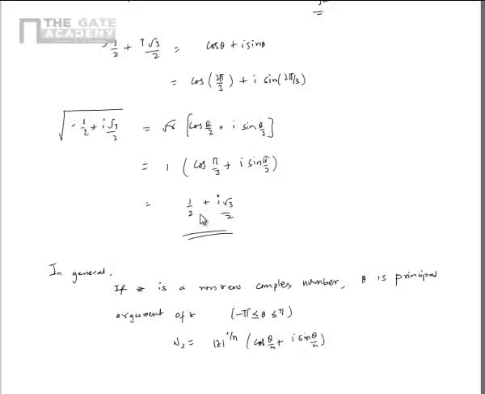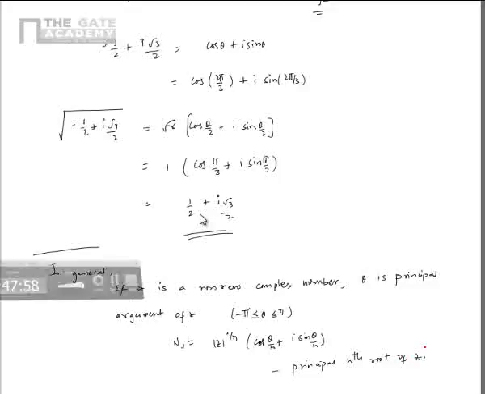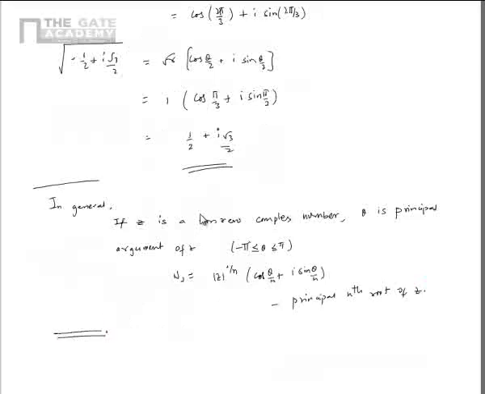Okay, so till now, before this, we saw just the square root, but in general the nth root of a complex number can be written in this way, where this is called the principal nth root of z. So we have seen the square root, and this is the nth root of z.